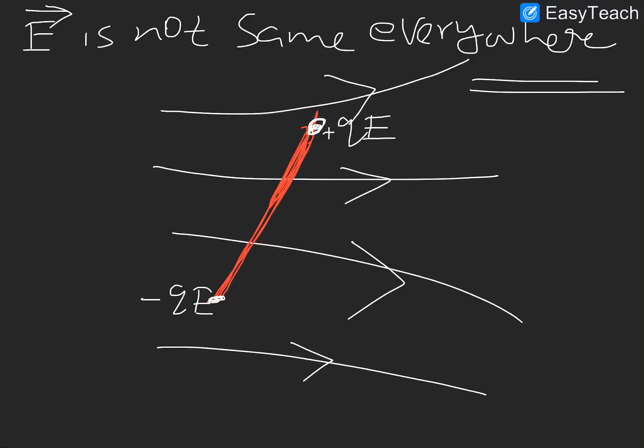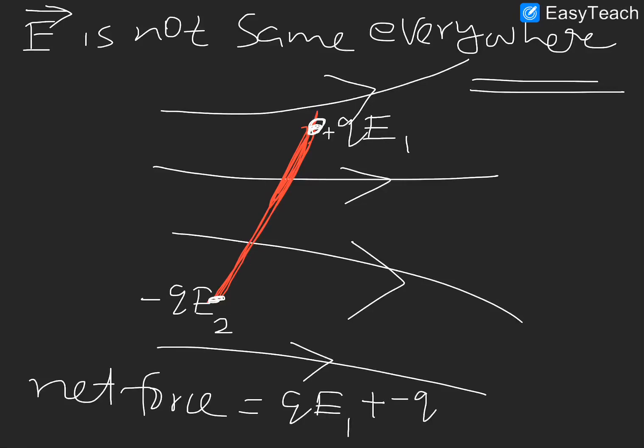When they are not equal, the net force, you can call it E1 and E2 because they are different, is qE1 minus qE2, that is q into E1 minus qE2. You can see that it is not equal.